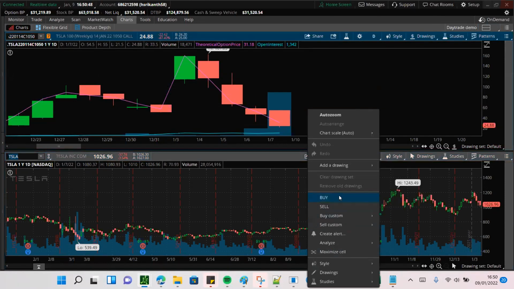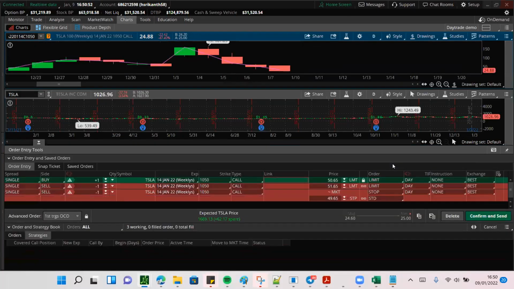Initially, you can just do a buy custom with OCO bracket.